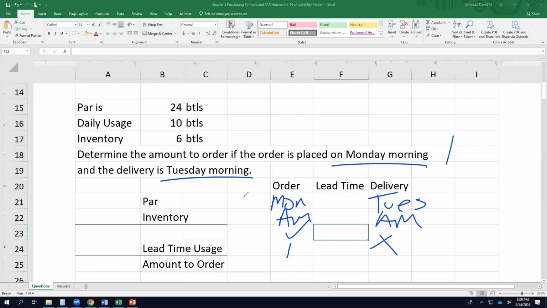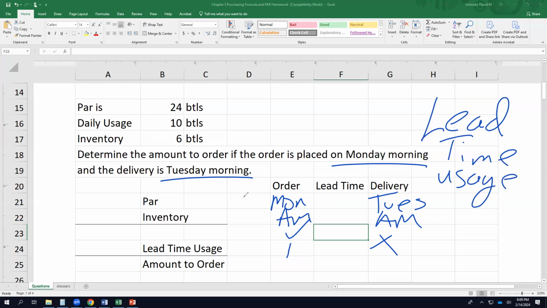1. So my lead time usage is 1 day. We only have 1 check mark right here. And what is my daily usage? 10 bottles.